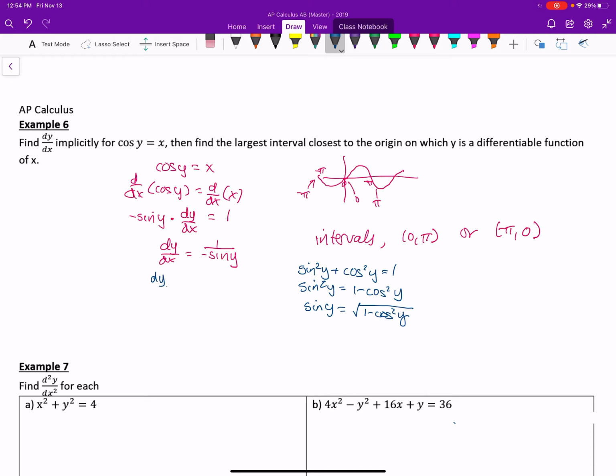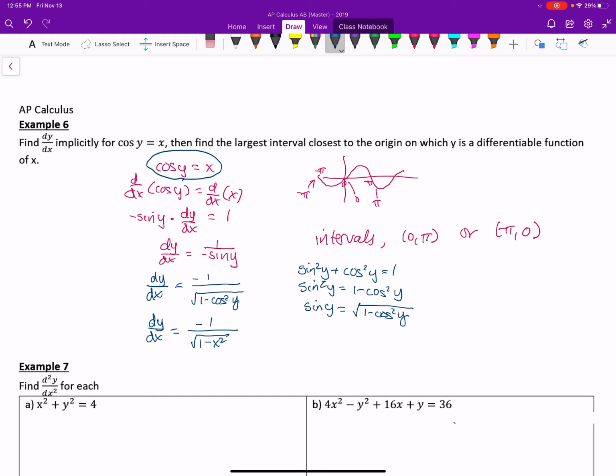So I could rewrite this as dy dx is equal to negative 1 over the square root of 1 minus cosine squared y. You might ask me, oh, Mrs. Pointer, that seems more complex than what we had. But what's interesting here is that, look, up here, cosine of y is given as x. So that means I can rewrite this as dy dx is equal to negative 1 over the square root of 1 minus x squared.